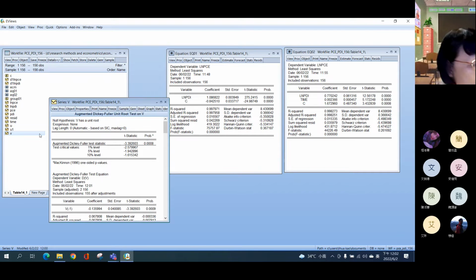Also, since I already showed how to do the Dickey-Fuller test, this class assignment will also need the Dickey-Fuller test, as well as the co-integration, which I will show next week, as well as some other important models which I will show next week.